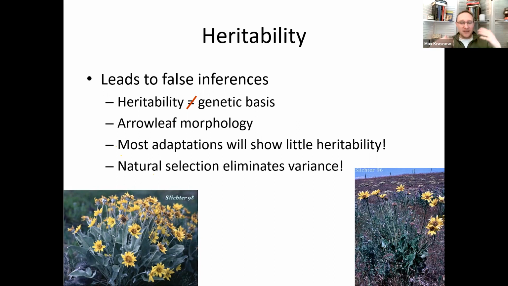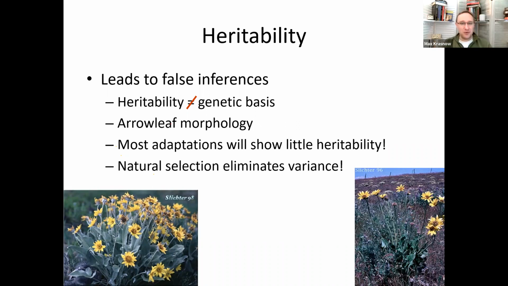To the extent that those differences are actually differences in how well they work, we should expect natural selection to eliminate all of the differences that are due to genes. Because if there's differences that are due to genes, natural selection is going to be acting on those differences. That's the whole process of fixation.